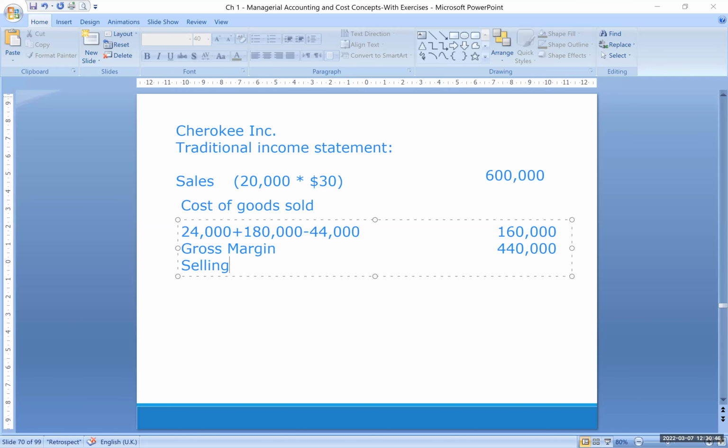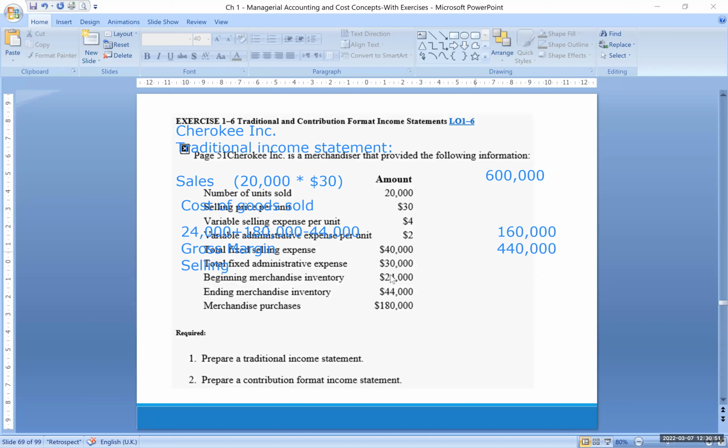Be careful. Go back to the question: they give me the variable selling per 1 unit and variable administrative per 1 unit, and they give me the fixed portion for the selling and the fixed portion for the administrative. So for each, we have a variable part and a fixed part.